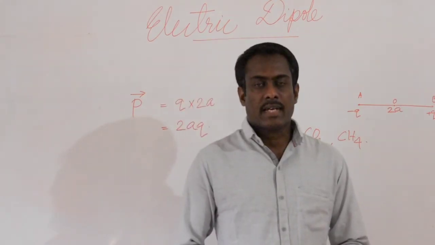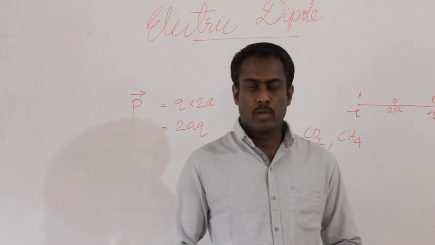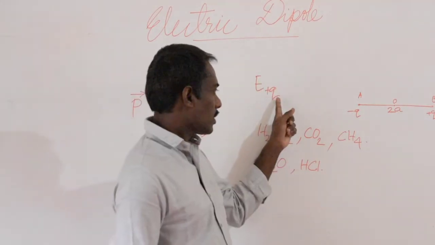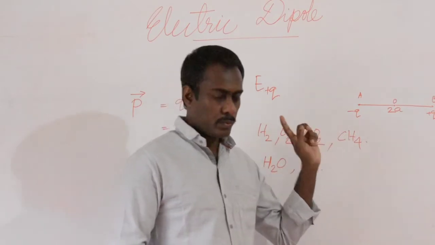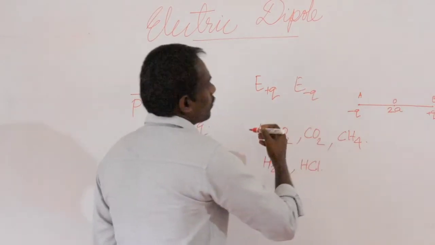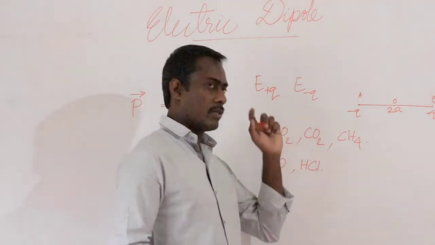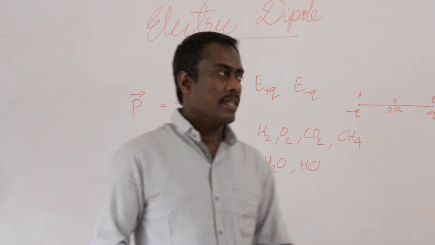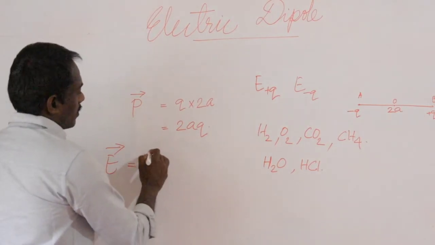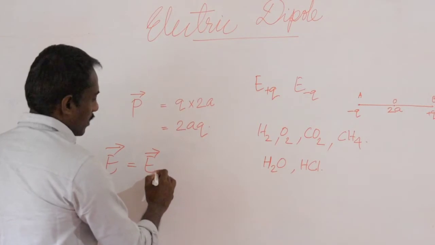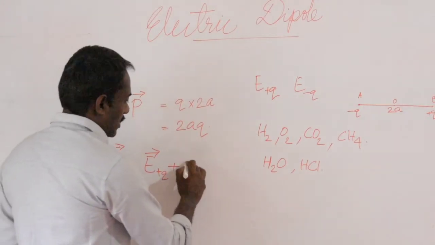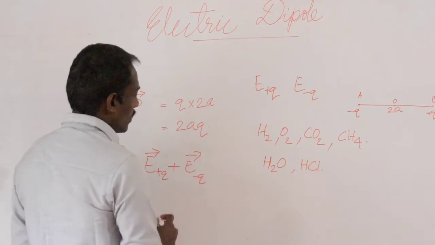If the electric field at any point P is to be obtained, we need to find the electric field produced by the positive charge at P and the electric field produced by the negative charge at P. Then the resultant electric field E will be the vector sum of the electric fields produced by the positive charge and the negative charge at point P.